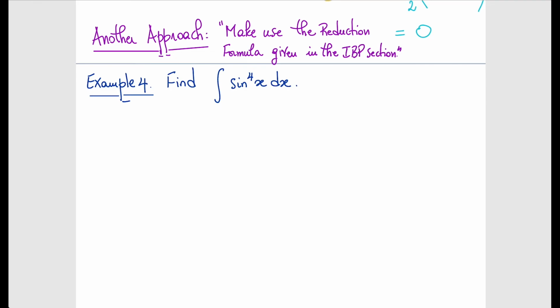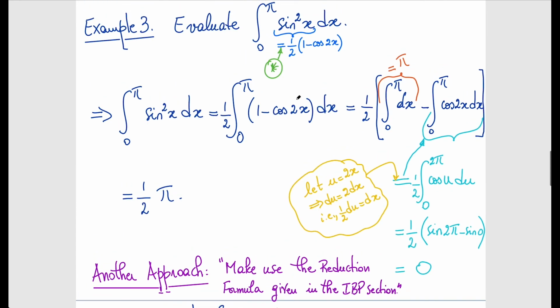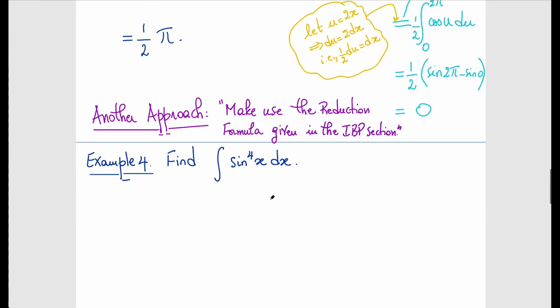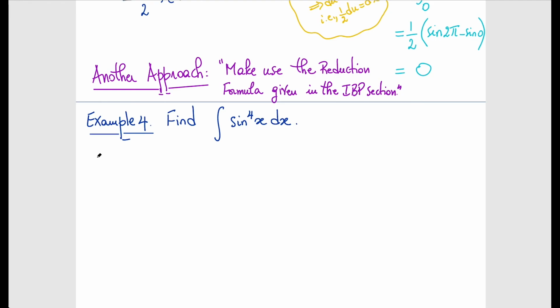So what I'm going to say here is this is very similar to the discussion we just made above, right? This is of the form sine to an even power. And we can still apply the reduction formula. Correct? So I'm going to let you do this approach number 1. So approach number 1 is by making use of the reduction formula. So ask me in class if you're not successful in using it.